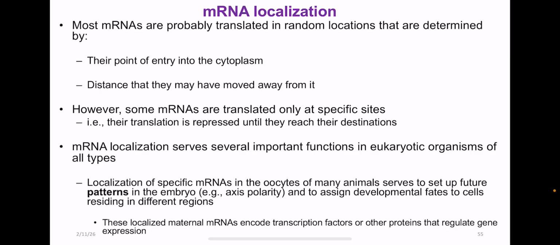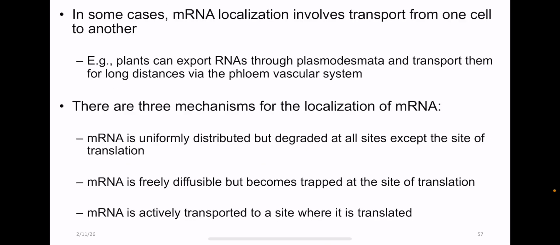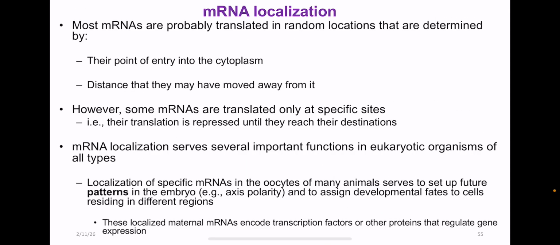So let's look at mRNA localization. At this point, we've been able to transport the mRNA to the cytoplasm. All mutated or aberrant mRNAs have been degraded, right? So at this point, we are dealing with only correct mRNAs.